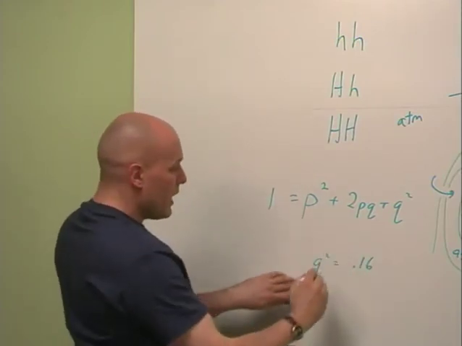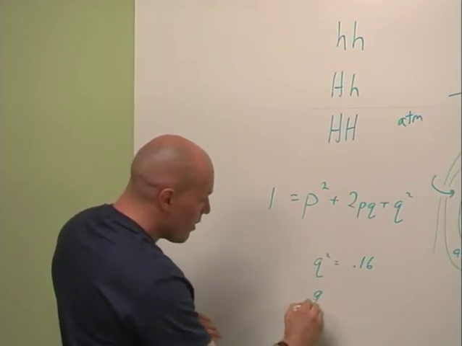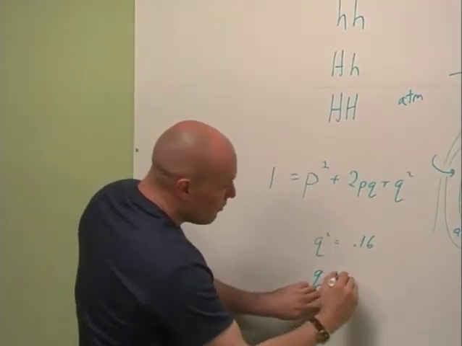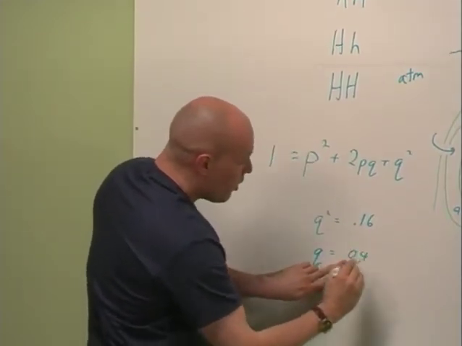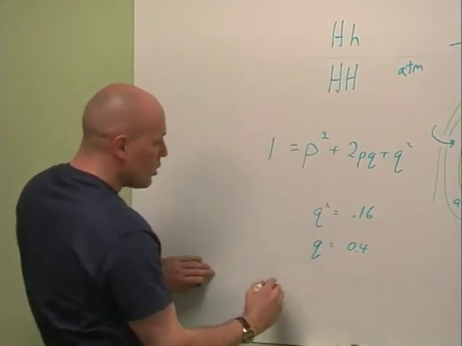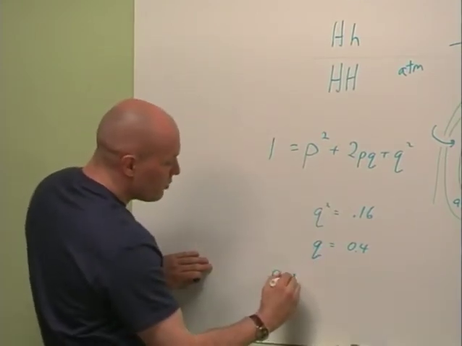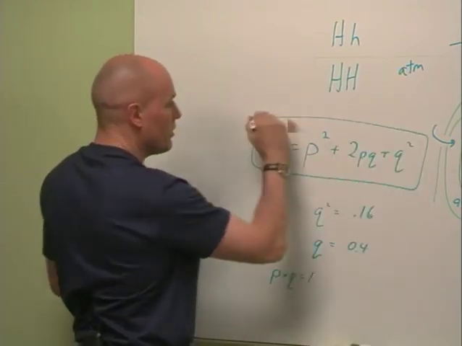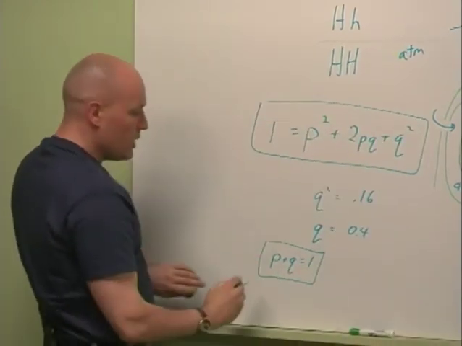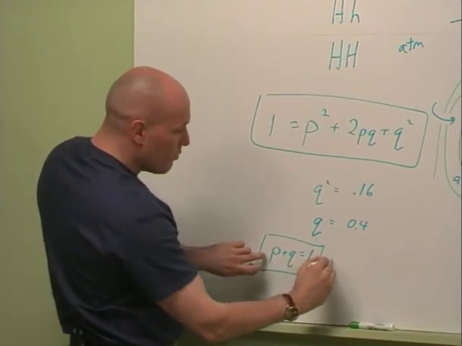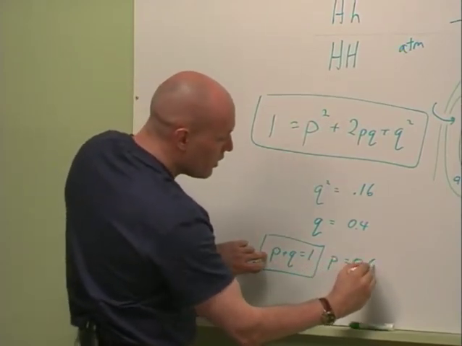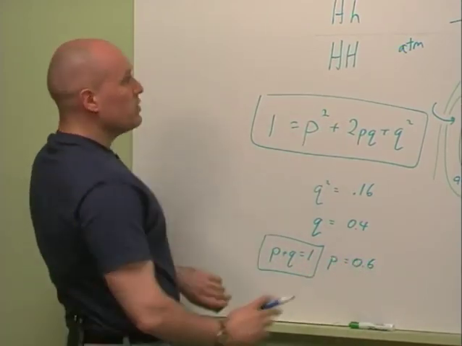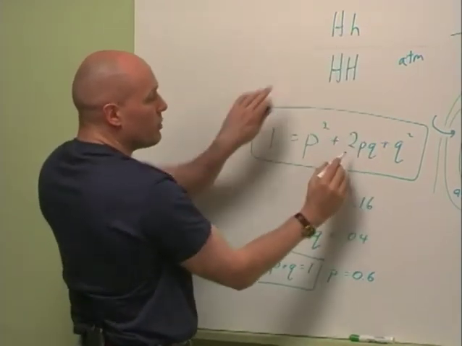And that would mean that q is going to equal 0.4. We also want to know that p plus q equals 1. So these are the two formulas that you need to know, this one and this one. If p plus q equals 1, then p must equal 0.6.